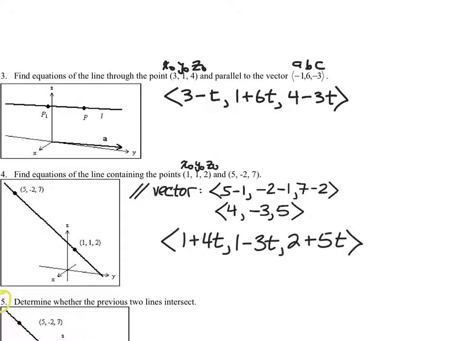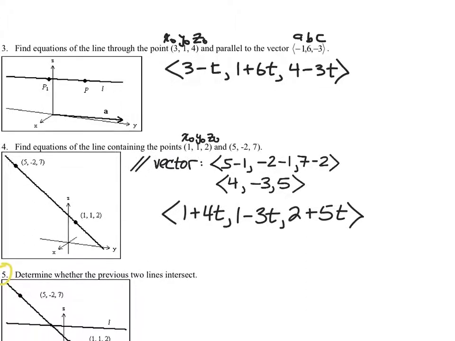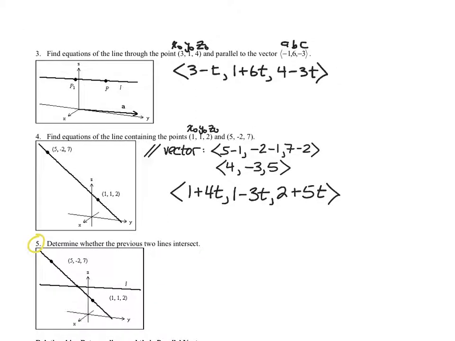Great. Now I want to figure out if they're going to intersect one another. This is where things get a little interesting, because there's a couple of different ways this could play out, but I'm going to lead you to the most appropriate way to do it, because they're asking for the intersection of 2 lines.